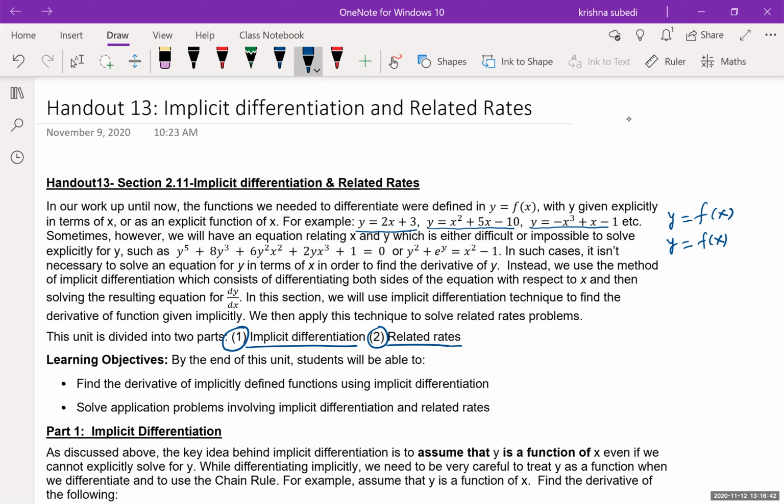In part one, implicit differentiation, and in part two, related rates. The learning objectives for this unit: by the end of this unit, you will be able to find the derivative of an implicitly defined function using implicit differentiation and solve application problems involving implicit differentiation and related rates.